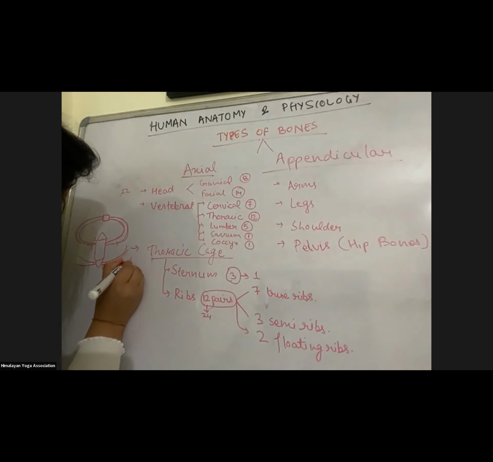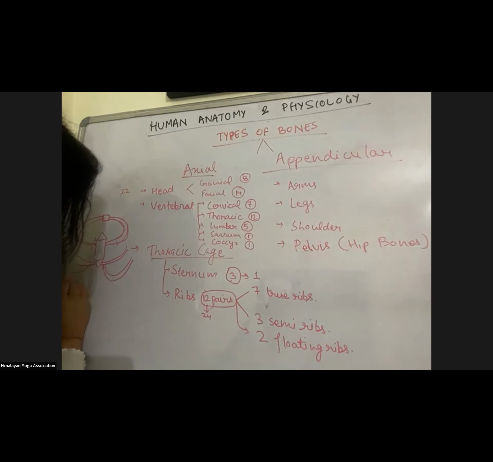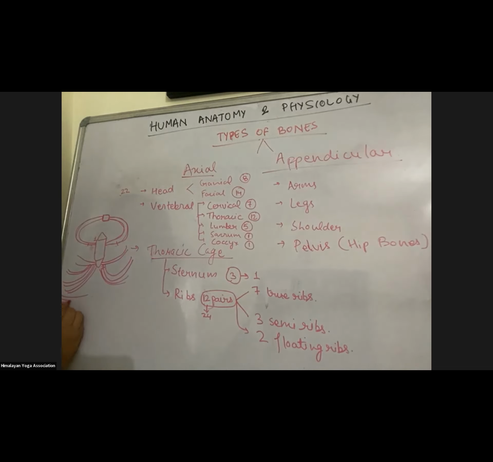Now the 8th pair is connected like this. The 9th like this, okay? So 5 are connected like this. And then there are 2 floating ones. They're not connected at all to the sternum. So they are called floating ribs.